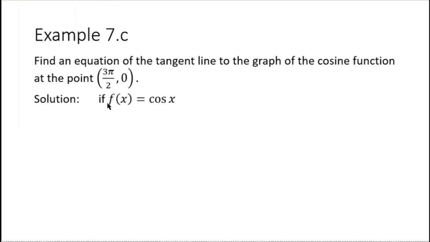For the solution, we have the cosine function, which is f of x equals cosine x, based on our sample. Okay. So, first we find the derivative of the given f of x, and its derivative is negative sin x. Rule number 7.